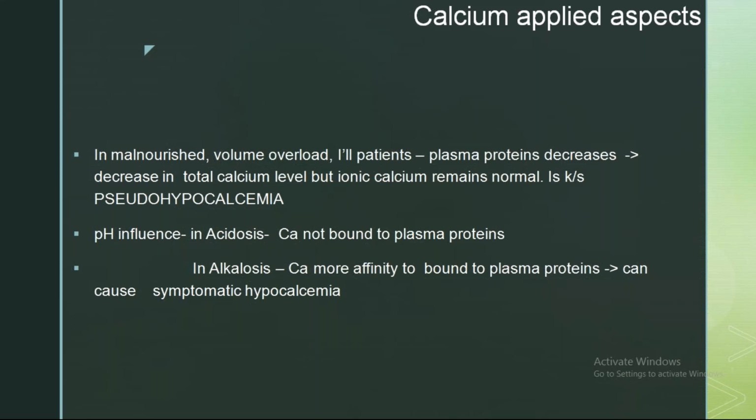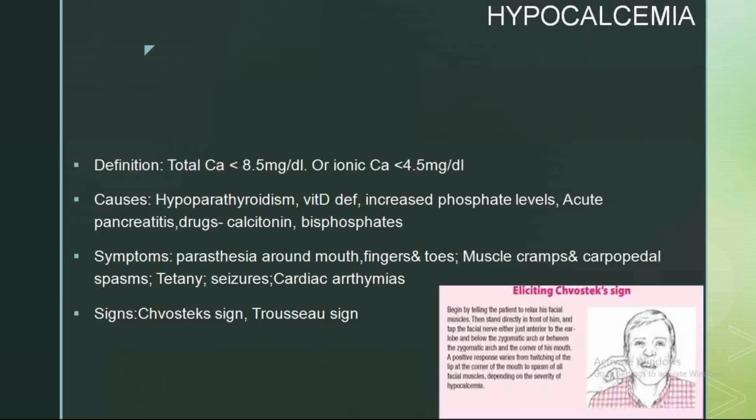pH levels. In acidosis, calcium cannot bind to plasma proteins. In alkalosis, conversely, there will be more affinity to bind to plasma protein, which can cause symptomatic hypocalcemia. Hypocalcemia, as we already discussed: 8.5 to 10.2 is the normal total calcium level.